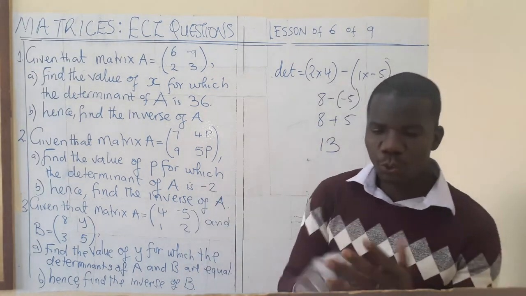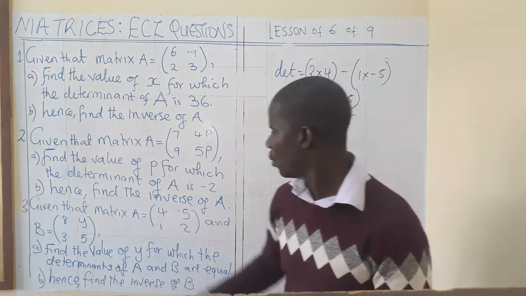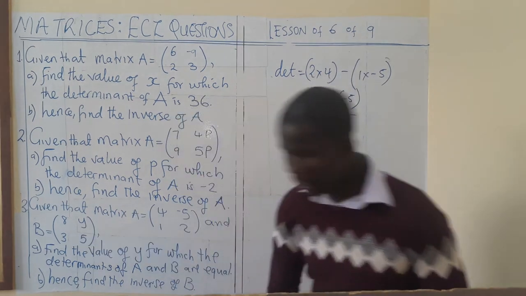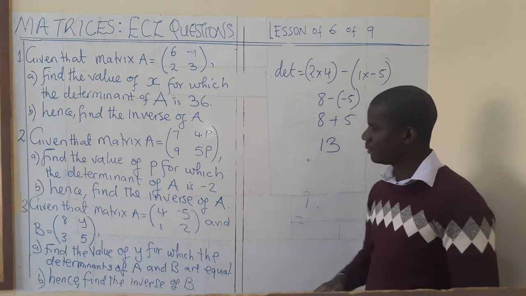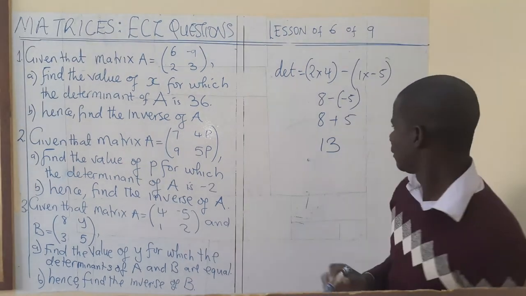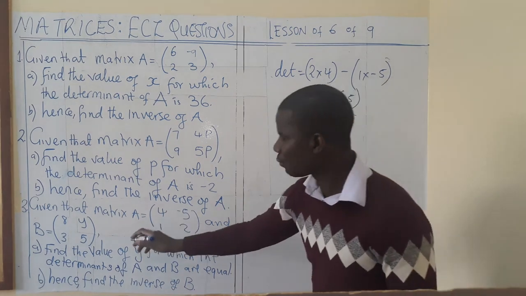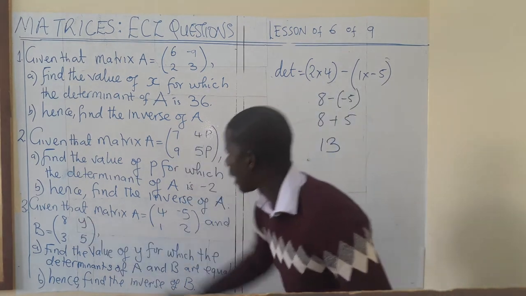But we are told that the two matrices have the same determinant. So we can conclude that the determinant of B is also 13. Now we can use 13 to find the value of y.